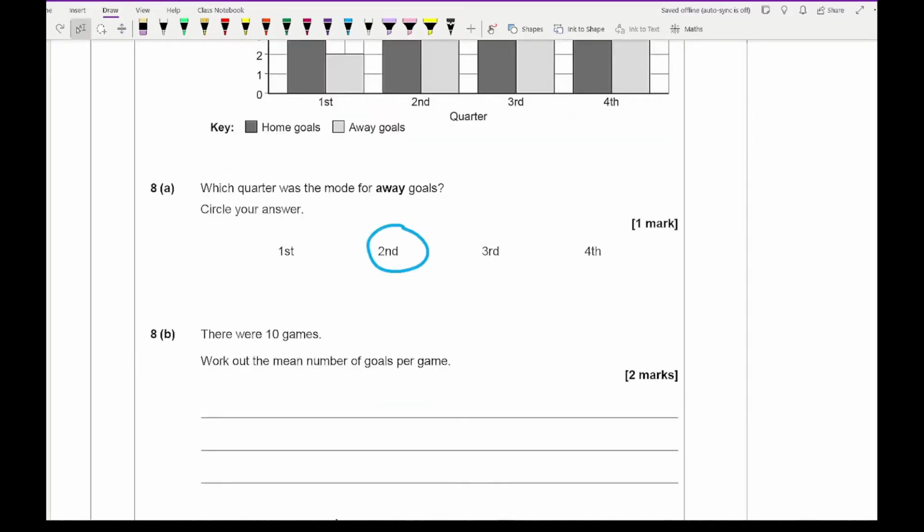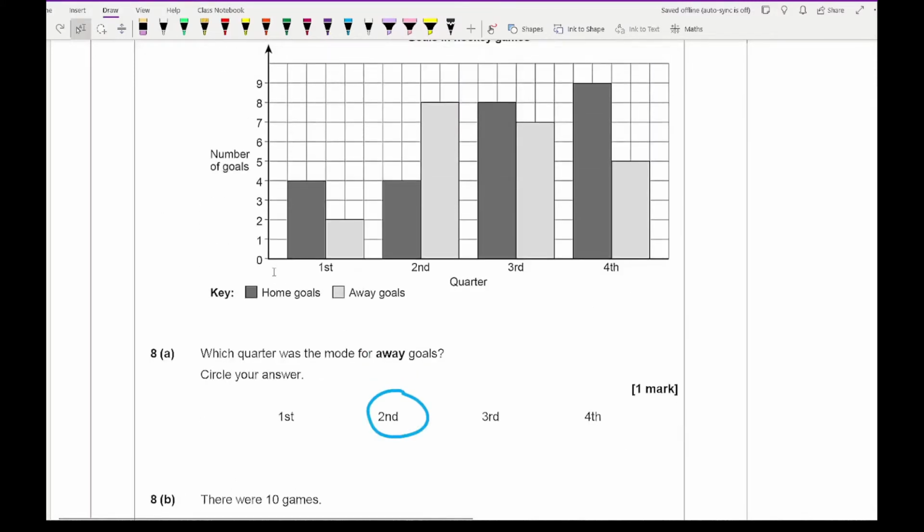Now for question B, it says there were 10 games, work out the mean number of goals per game. So what we need to do here is first of all work out the total of each of the bars. So I've got 4 plus 2 plus 4 plus 8 plus 8 plus 7 plus 9 plus 5.